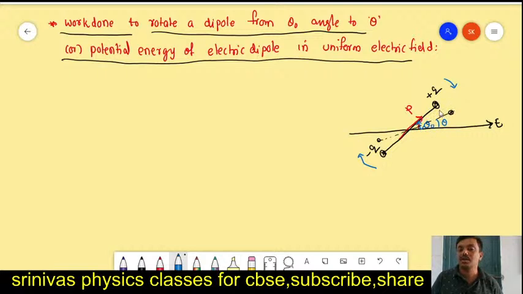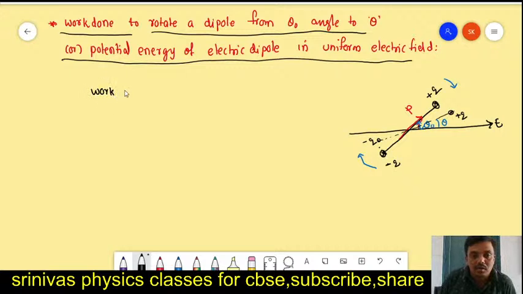Then what is the work done to rotate the dipole from theta naught angle to theta? This is our question. For that, a work done formula is there. That work done will be stored in the form of potential energy also.